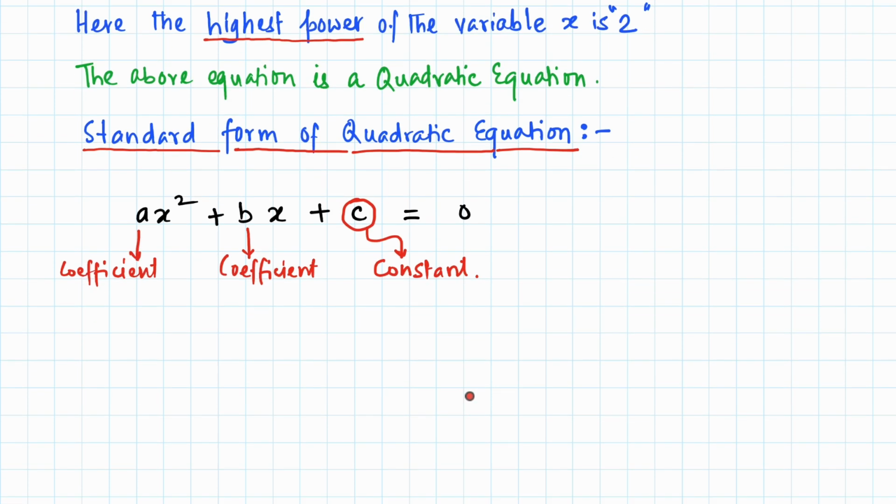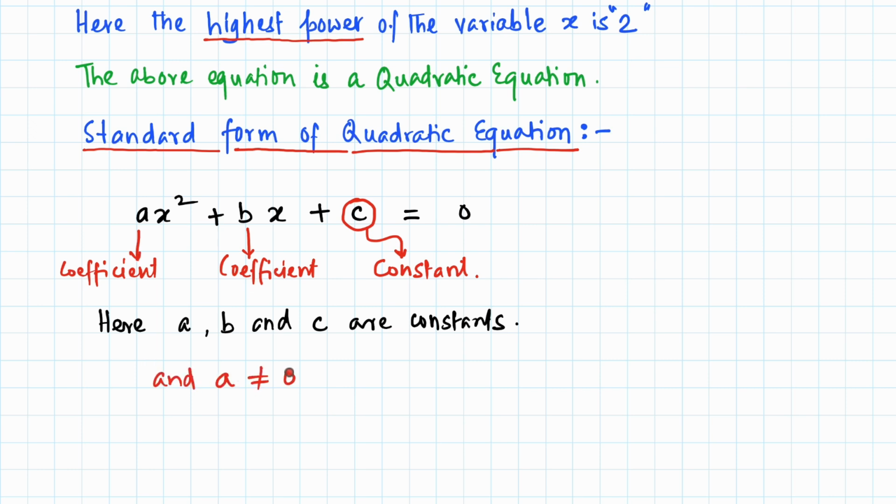Combinations of these coefficients and the constant will give you the quadratic form of the equation. Here a, b, c are constants, and a should not be equal to 0. This is the most important thing we have to keep in mind for a quadratic equation, that a should not be equal to 0.